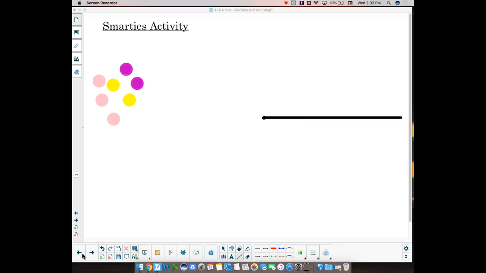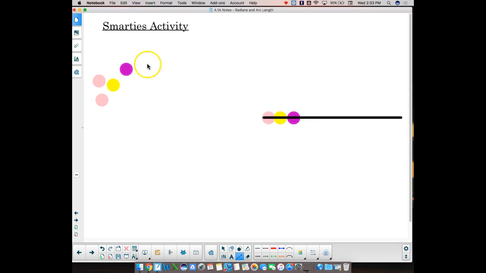Now I want you to line up your Smarties. I'm going to go over here to the computer and do it because it's easier. Line up your Smarties starting with one edge at your dot, with the Smarties touching all the way out.